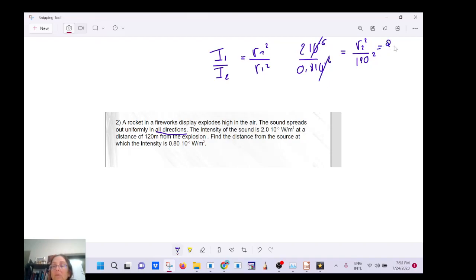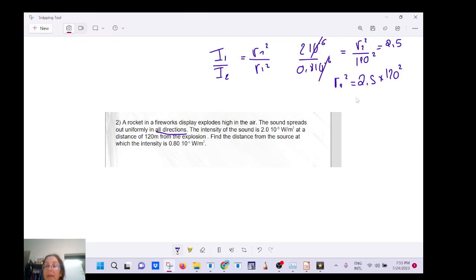So that's going to be 2.5, because if the intensity is divided by 2.5, that means the area is multiplied by 2.5. And the area is proportional to the radius squared. So this is why R2 squared equals 2.5 times 120 squared. And you have to take the square root. I didn't do it, so you can do it.